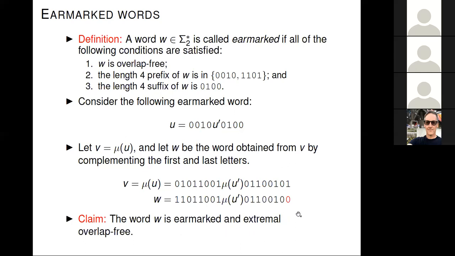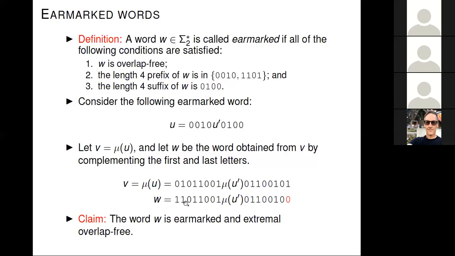So I'll briefly justify this to you. To see that it's earmarked, first of all, it has a prefix 1101, that is right, and it has a suffix 0100, that's good. So we just need to check that it's overlap free. Since U was earmarked, it must have been overlap free, and the Thue-Morse morphism preserves that property, so V must be overlap free.